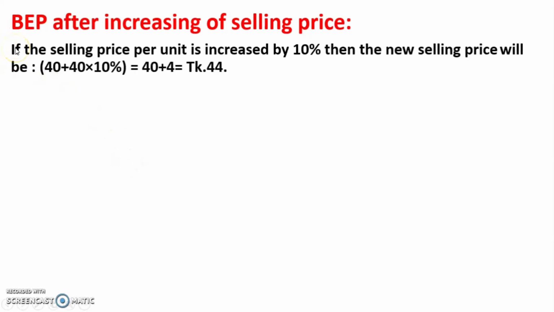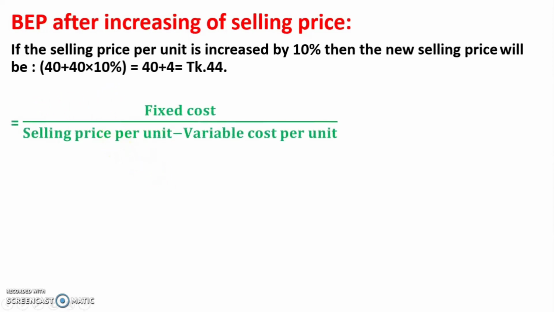Now we find the break-even point after increasing the selling price. First we calculate the new selling price per unit. If the selling price per unit is increased by 10%, then the new selling price will be 40 plus 40 into 10%, that means 40 plus 4 equals taka 44 is the new selling price. Now we calculate break-even point by the new selling price.